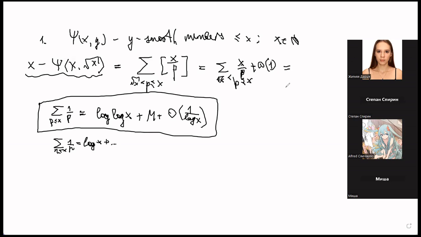what will this be? It will be x, yes, multiplied by the sum over square root of x less than p less or equal to x of 1 over p, plus what? Because of what?